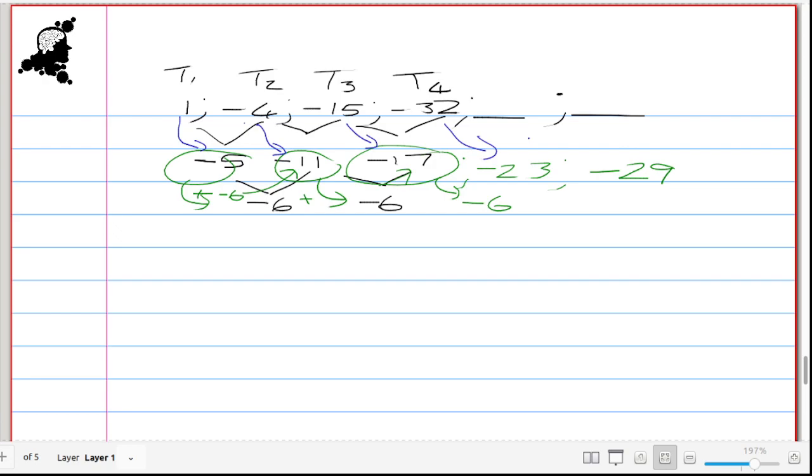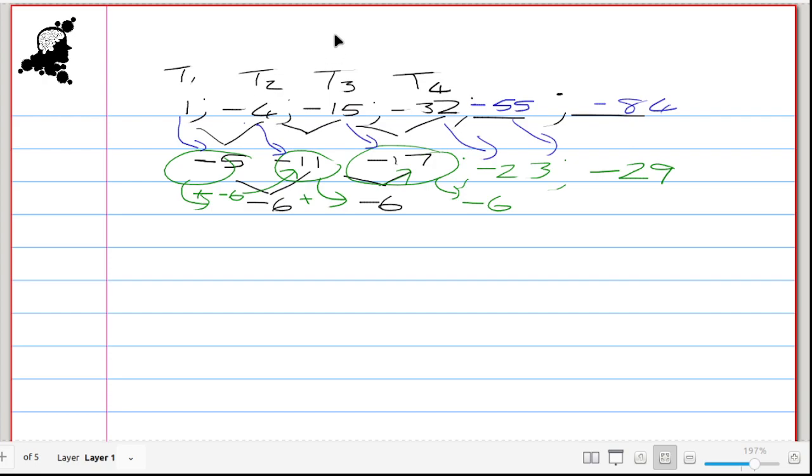So minus 32 plus minus 23 is negative 55. Negative 55 plus minus 29 is going to give us negative 84. There we are. I have determined the next two terms. I hope this makes sense for you guys.